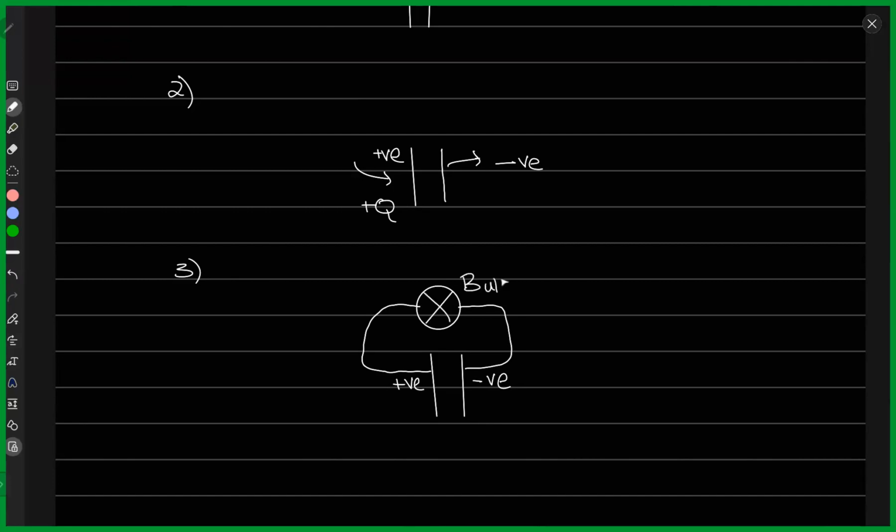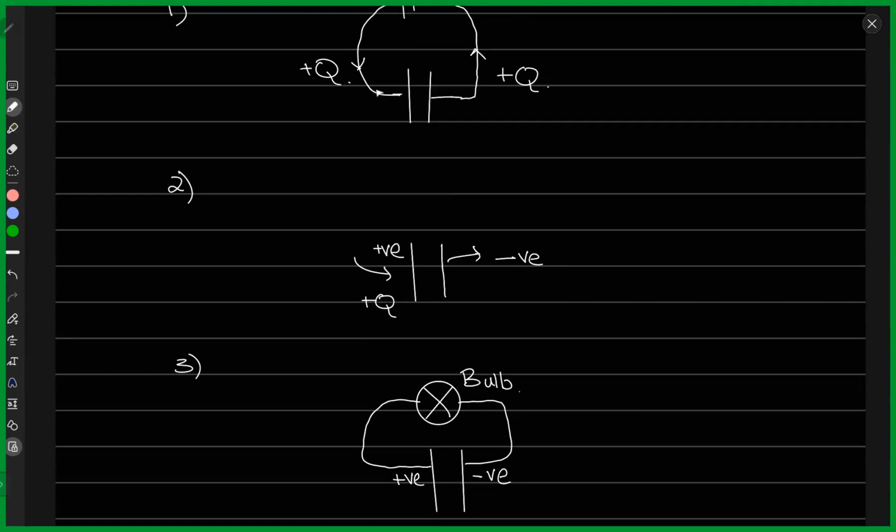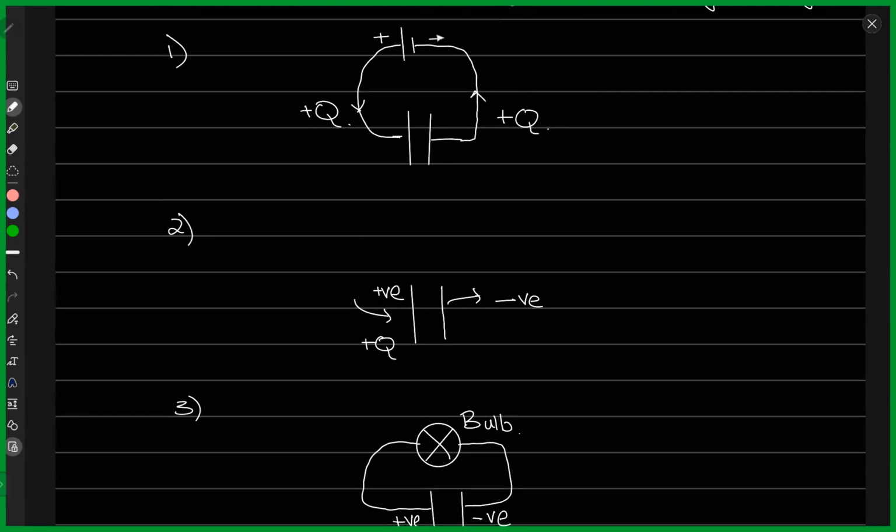What will happen? Can anyone go ahead and tell me? So initially I had a capacitor with both plates uncharged. I connected it to the battery. Because the battery has a negative terminal, from one of the plates a positive charge started flowing, and the other plate gained that positive charge.